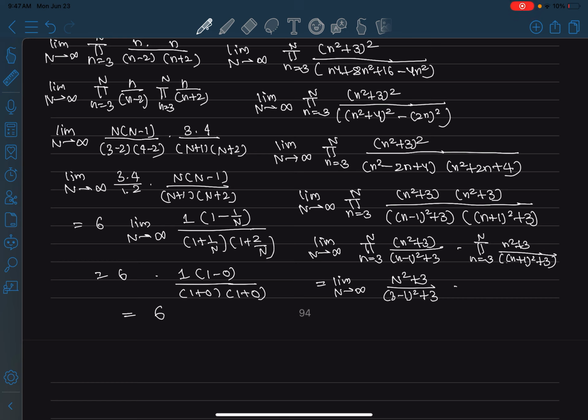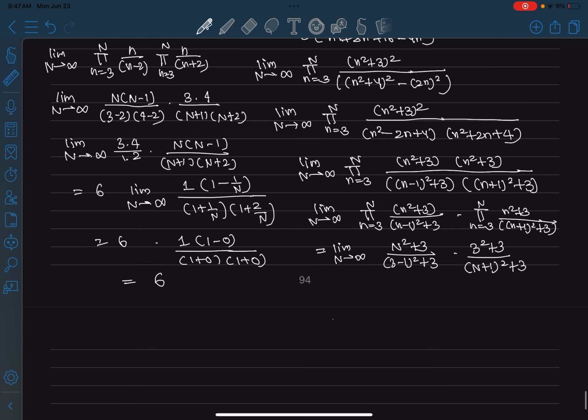Similarly over here also, in the numerator the first term will remain, and in the denominator the last term will remain, right? So you have 3 square, 9 plus 3, 12, by 2 square plus 3, 7. And limit n goes to infinity, n square plus 3 by n plus 1 square plus 3, right?